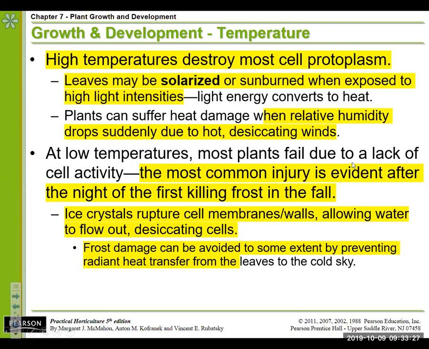The big thing with cold temperature, though, is it's not necessarily just the cold temperature itself that does damage to plants. What we usually get with just cold temperature is stunting of plants, slowing of the growth, but it's actual frost. So the first killing frost in the fall is causing those ice crystals to rupture the cell membranes.